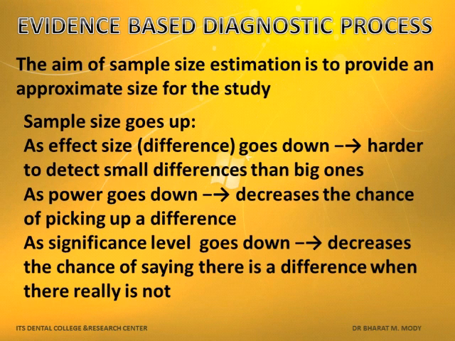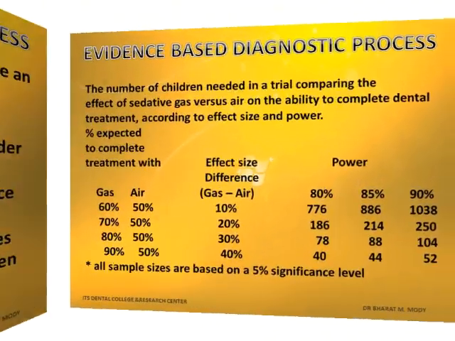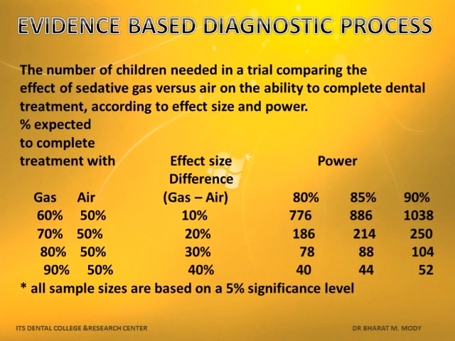The aim of sample size estimation is to provide an approximate size of the sample. As the effect size, that is the difference, goes down, it is harder to detect small differences. As the power goes down, the chances of picking up a difference decrease. As significance goes down, the chances of seeing an effect decrease. So in all these respects, you have to see that the effect size is high, the power is high, and the significance is also appropriate.